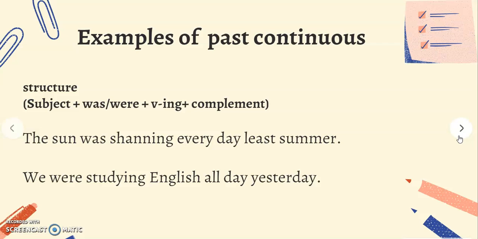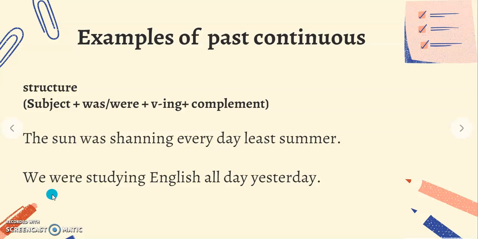Here I have an example of past continuous, and I have the structure. I have subject plus was or were plus verb with ing plus the complement. The first one I have, the sun was shining every day last summer.